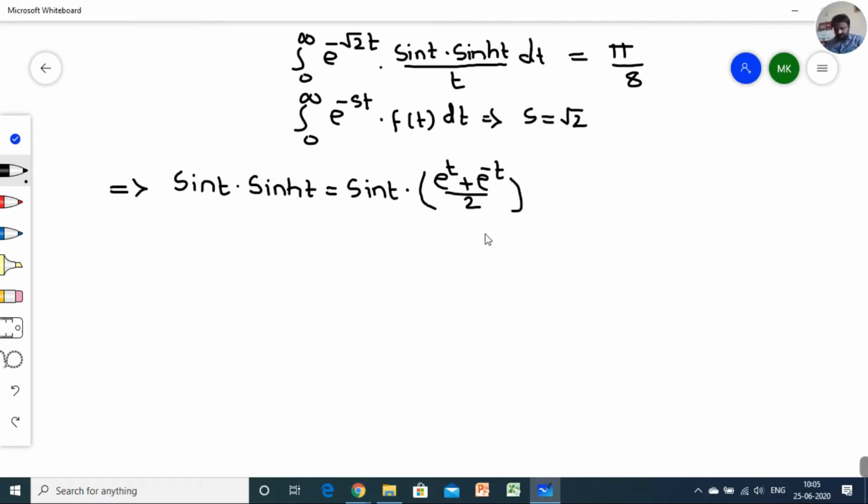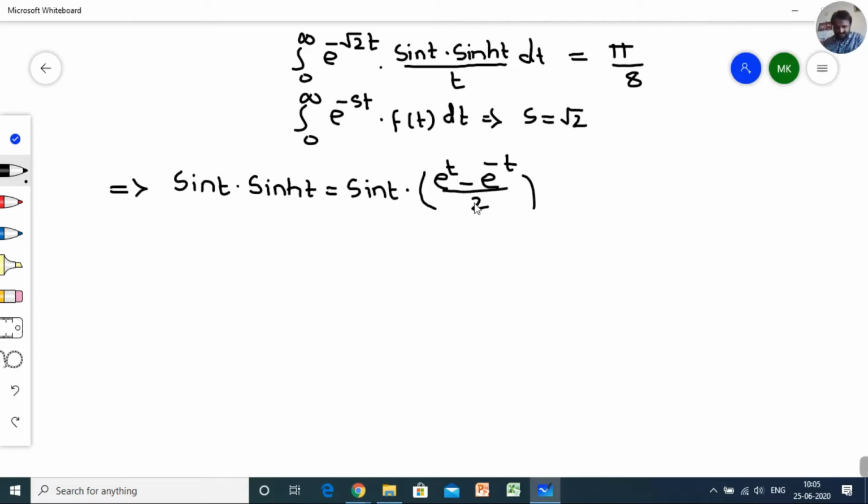Hope it is correct, because when the term is cos hyperbolic the sign will be positive, and when the term is sine hyperbolic the middle term is minus.